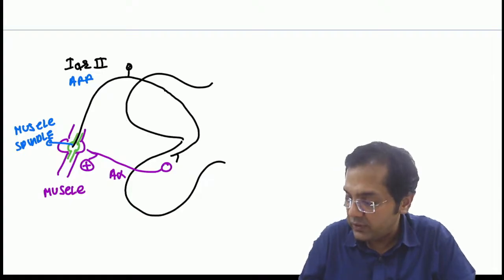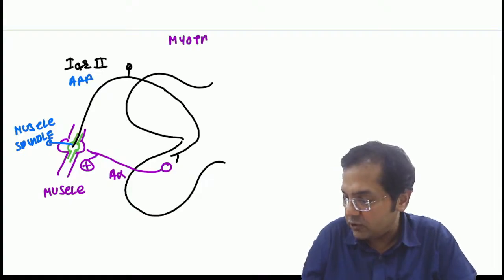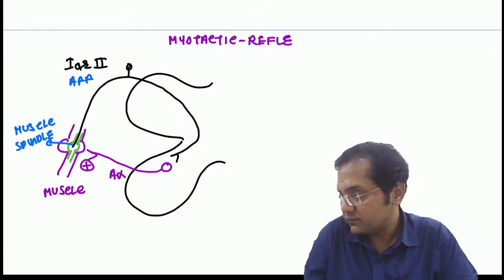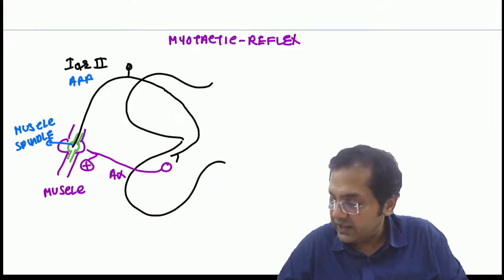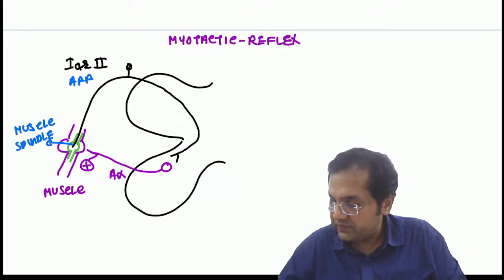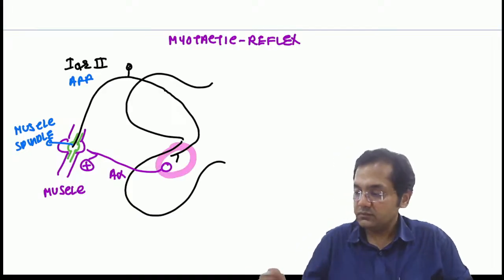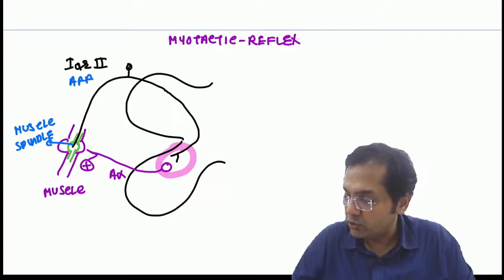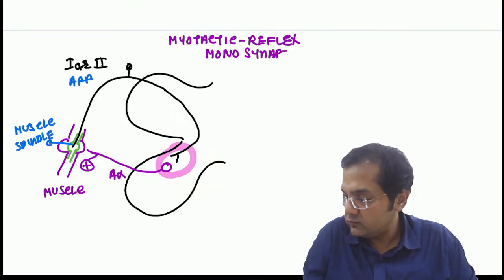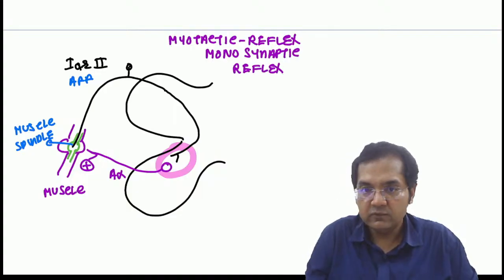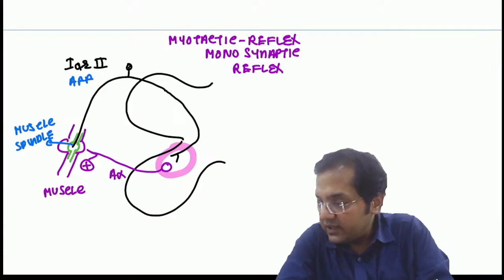This is known as myotactic or stretch reflex. Right? So how many synapses can you see? Only one. So this is also known as monosynaptic reflex. Fine.